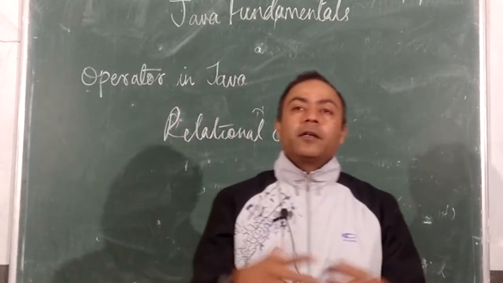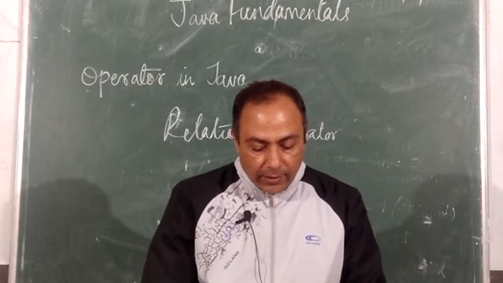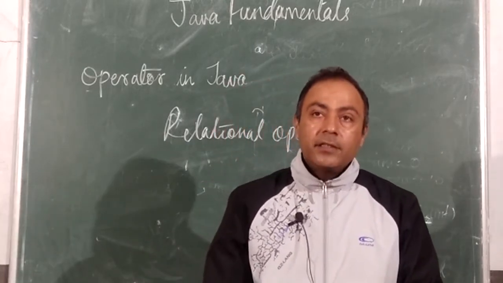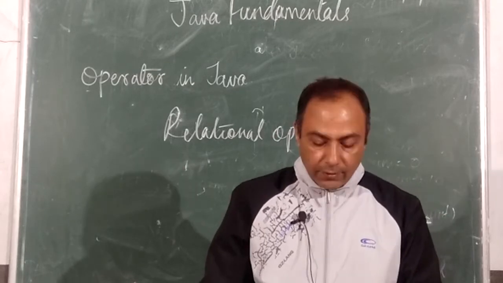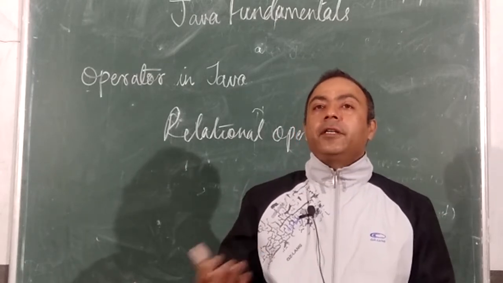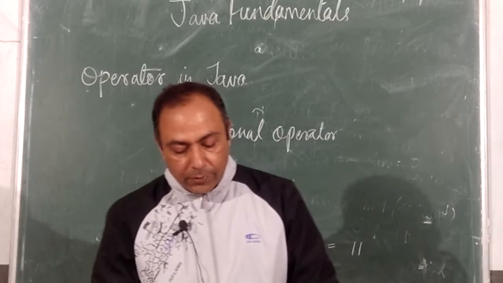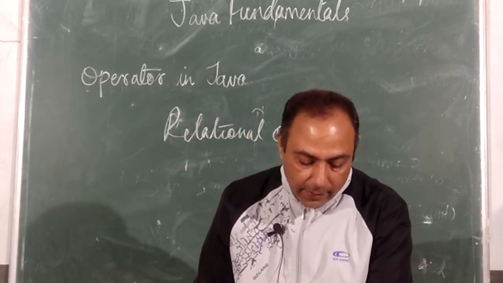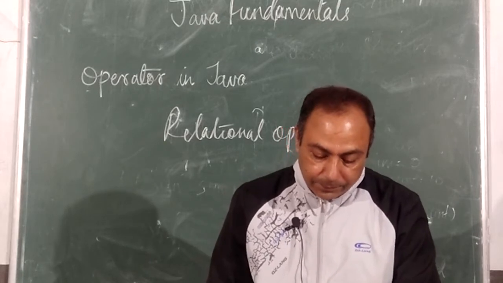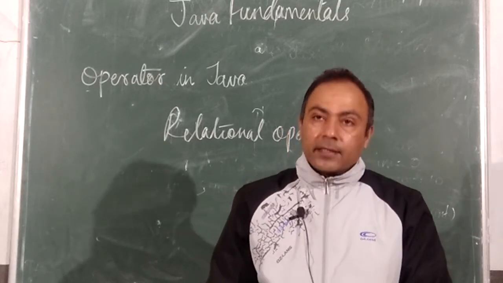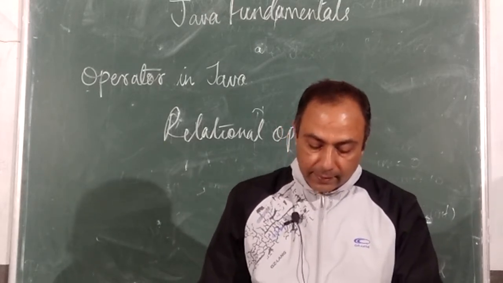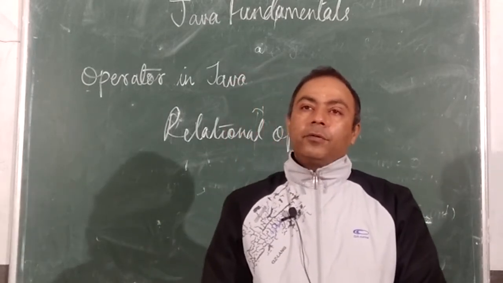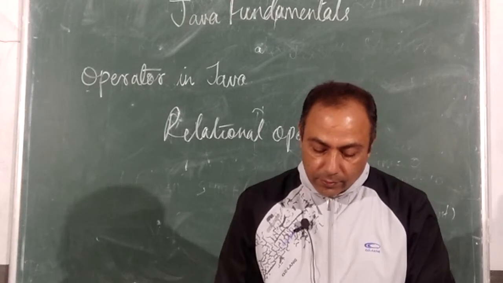They help to make a relationship between the values. There are 6 types of relational operators. If we need to do a comparison, then we need to use a relational operator. They are: less than, greater than, less than equals to, greater than equals to, and not equals to.